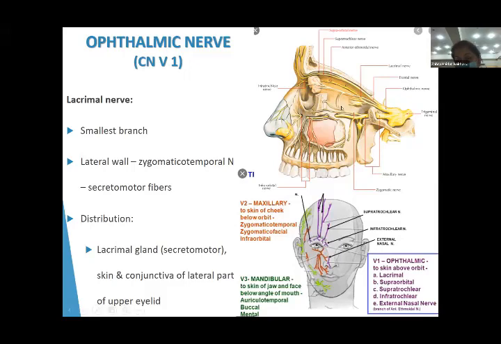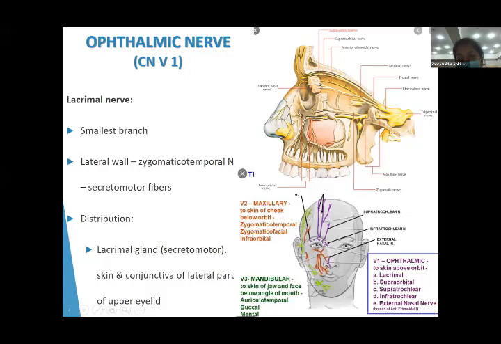The zygomatico-temporal gives a communicating branch to the lacrimal nerve, which is the branch of ophthalmic division of trigeminal. ये जो communicating branch है between from the zygomatico-temporal to the lacrimal, this conveys secretomotor fibers to the lacrimal nerve.